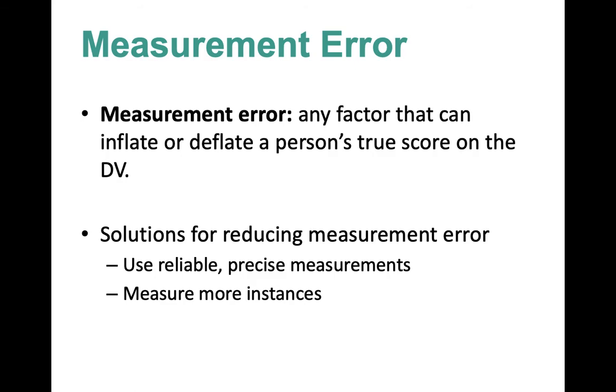The other thing is just measure more people. So within two different experimental conditions, all of these kinds of random errors that you could get because of people's mood or whether they're tired or not or things like that, those should balance out. The more people you get, those random errors should balance out, and that's more likely to be the case when you've got more versus fewer research participants.